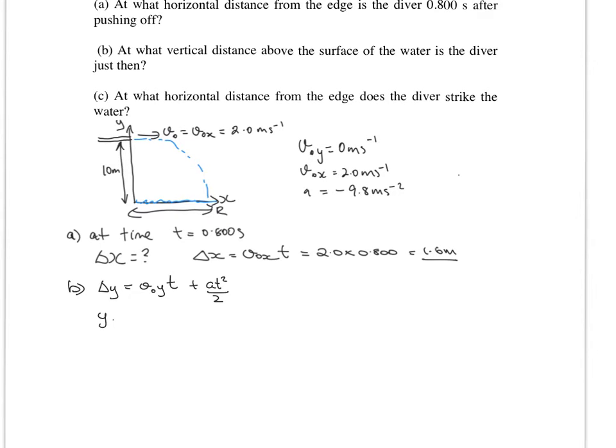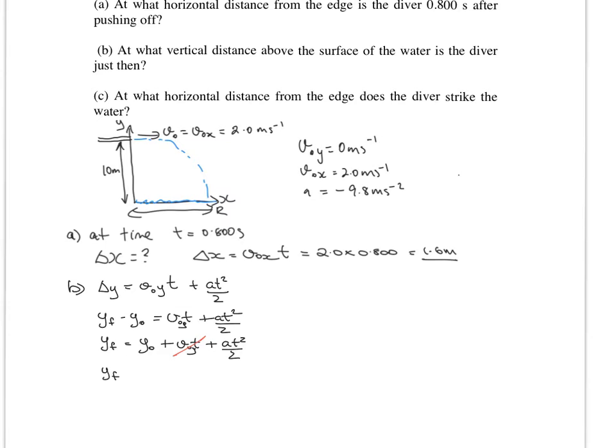So we have yf minus y0 equals v0y t plus at squared on 2. We're after yf, so we add y0 to both sides: yf equals y0 plus v0y t plus at squared on 2. Lucky this term disappears because our initial y velocity is zero. I should put the y subscripts in there, guys, v0y.